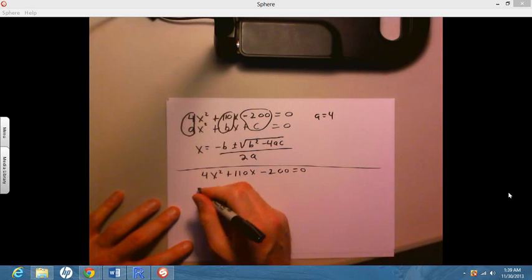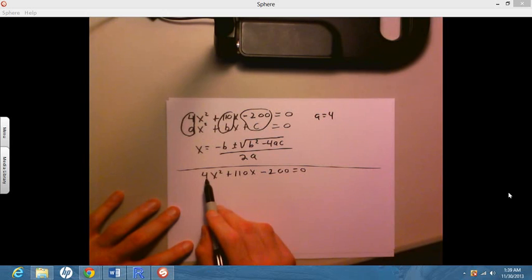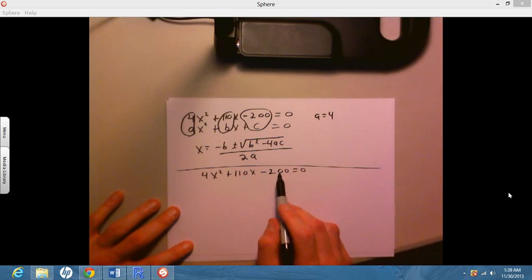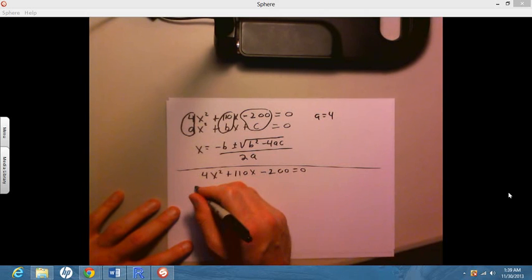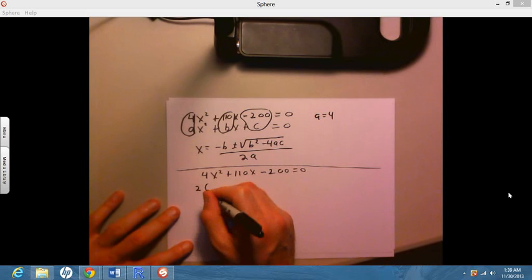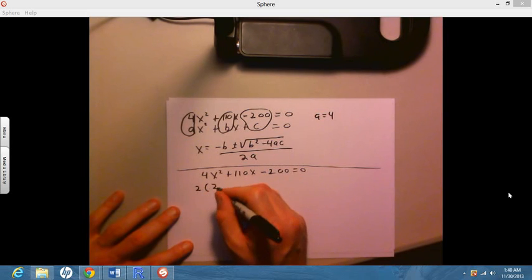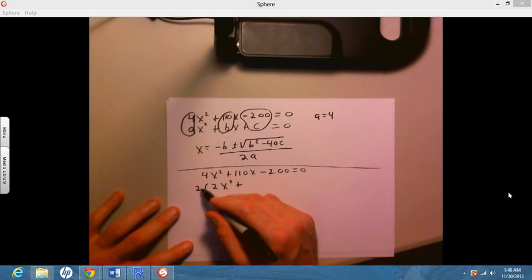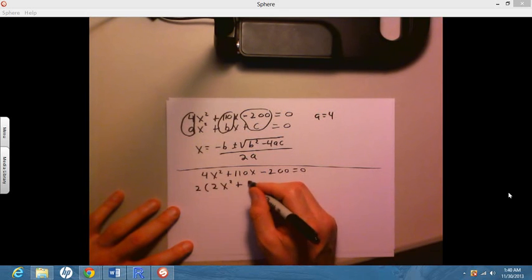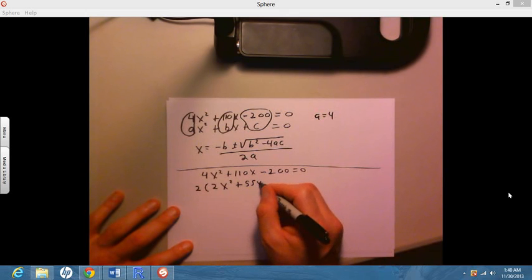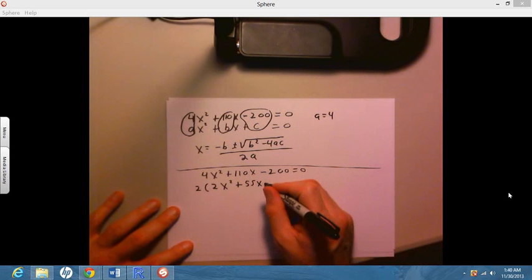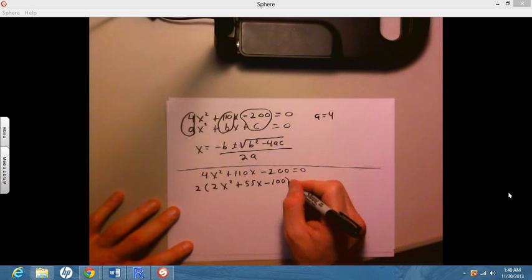Now I notice that 4 is divisible by 2, 110 is divisible by 2, and 200 is divisible by 2. So I can use the distributive property to write 2 times 2x squared, because 2 times 2 is 4, plus 55x, because 2 times 55 is 110x, minus 100 equals 0.